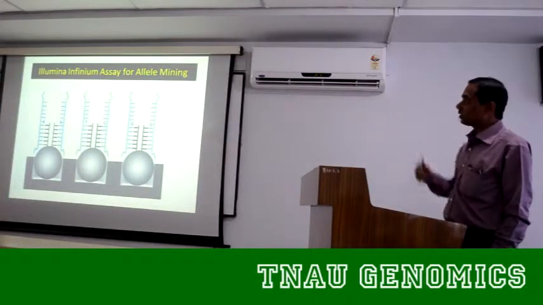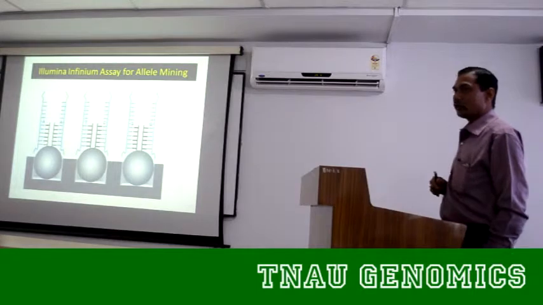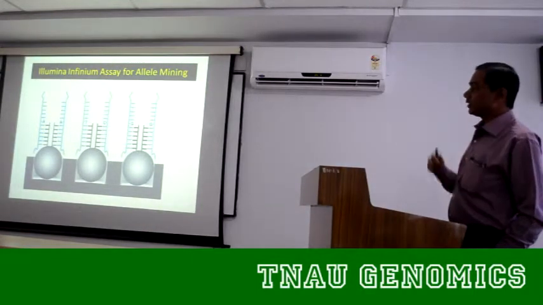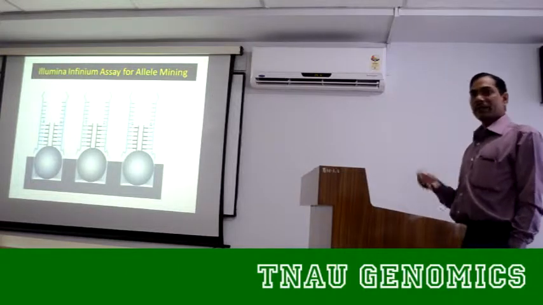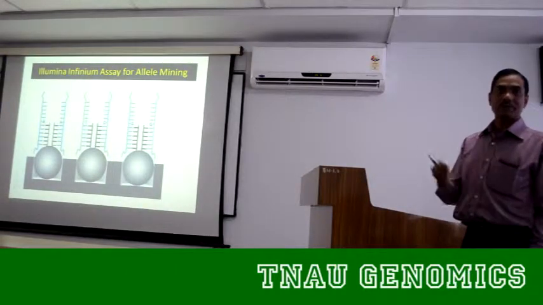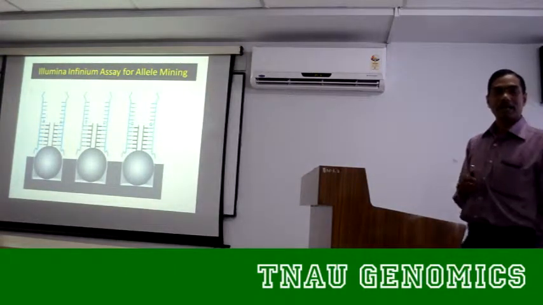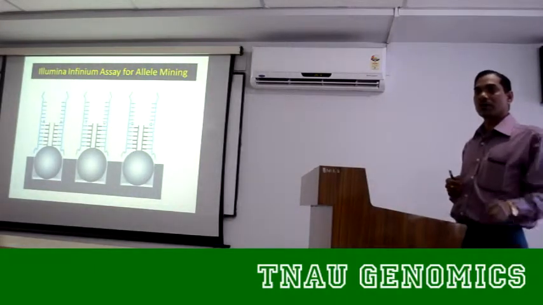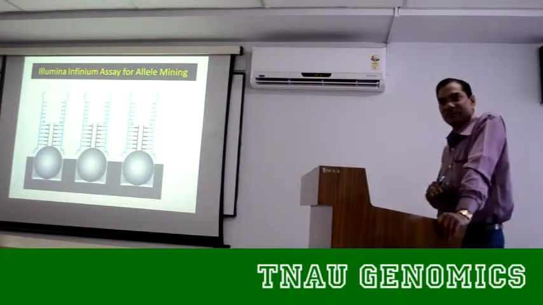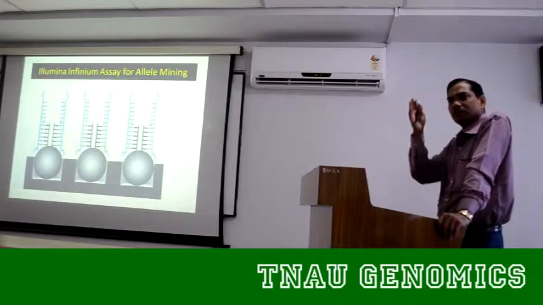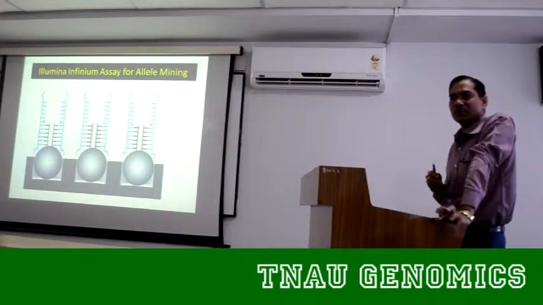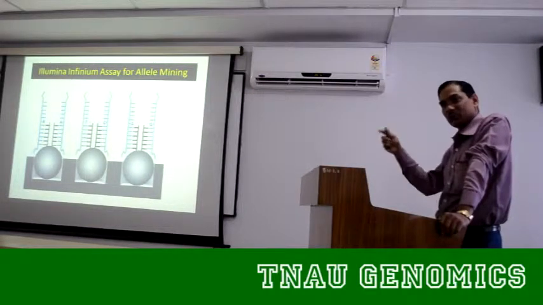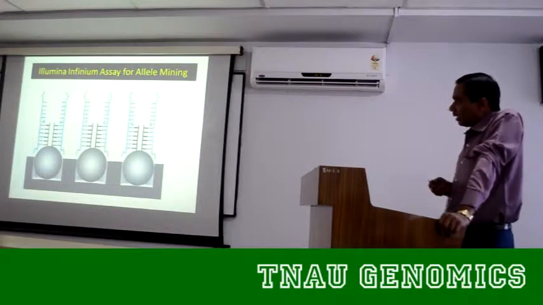You can also employ this particular technology, Illumina BeadArray technology or Infinium assay technology, to identify novel alleles and a combination of those SNPs and then haplotypes, and identify and associate them. And this is one which is being followed in human to a great extent. In fact, if you see Nature Genetics, in every issue of Nature Genetics, you will find some papers published on association analysis using this particular technology.